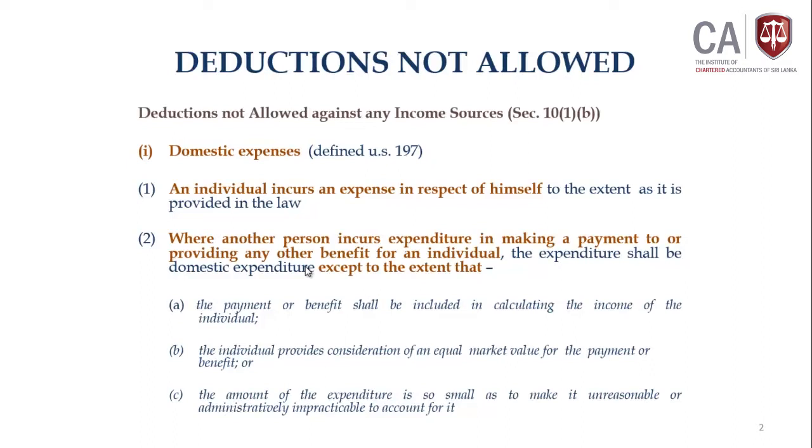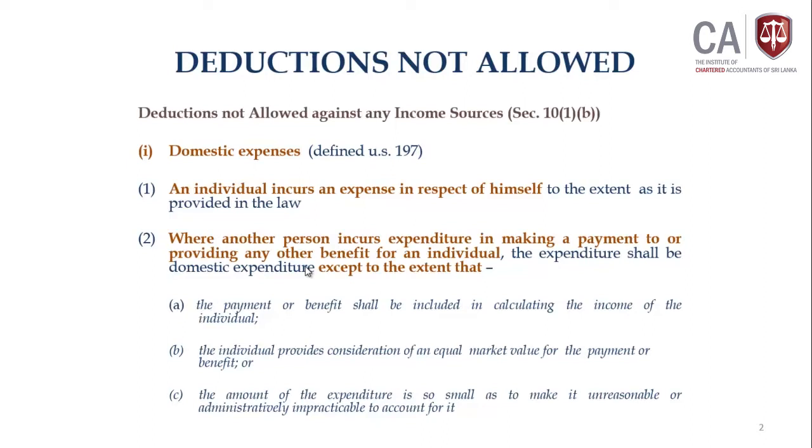But it could be allowable except to the extent that the payment or benefit shall be included in calculating the income of the individual. Thereby, if a company incurs expenses in relation to the benefit of an individual, and such expenses are taken into account in the individual's tax calculation as his income, then there is no problem.